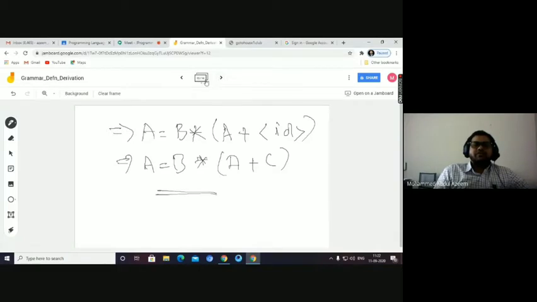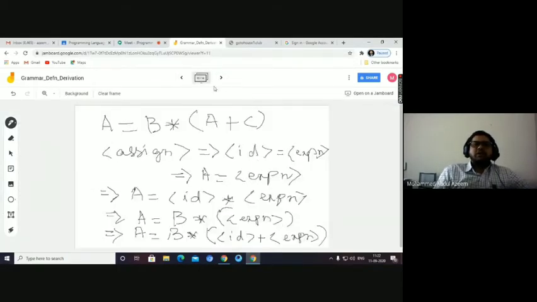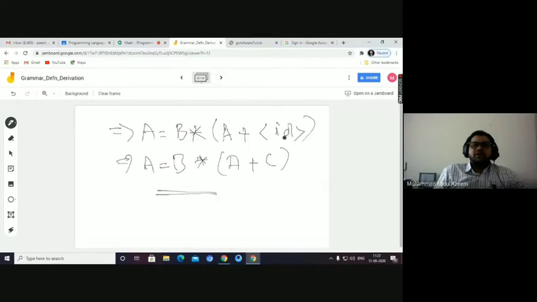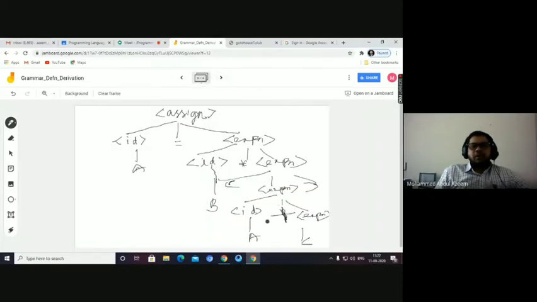And then you have this expression derives to be ID. So this expression is derived to be ID here. And then this ID is further derived to be, what do I need as per the statement?